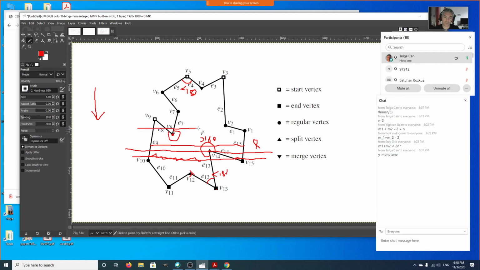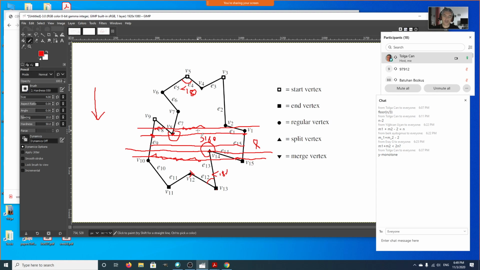The two disconnected parts here and here that were above the sweep line actually merge and become a single connected component. Our sweep line intersects the entire polygon in a single connected region, and the two regions are merged at that merge vertex.